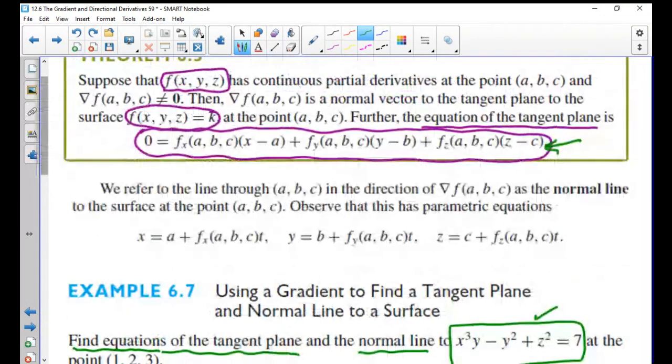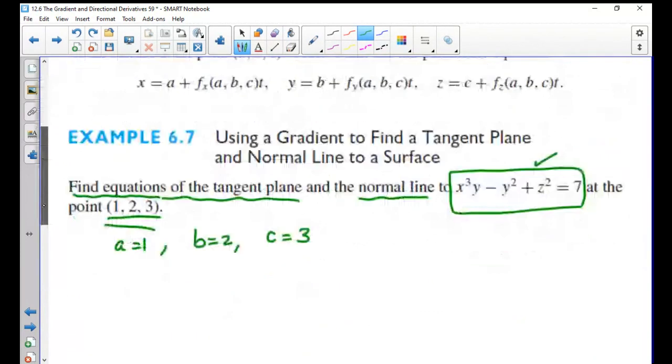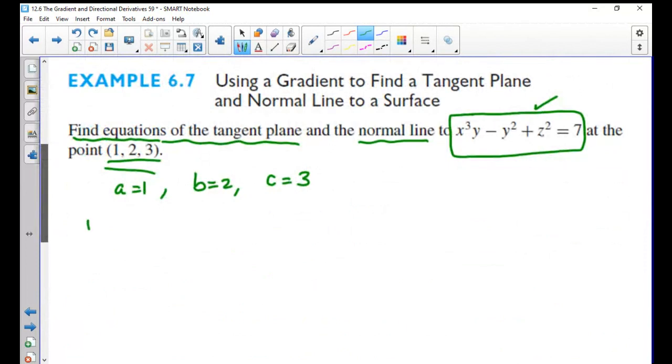Now, according to the equation, what do we need to find now? fx, exactly. So we need to find fx first at x, y, z, and then at 1, 2, 3. So we need to differentiate this function with respect to x.